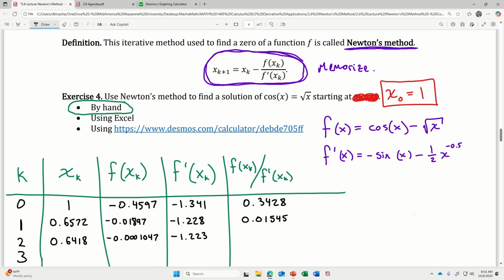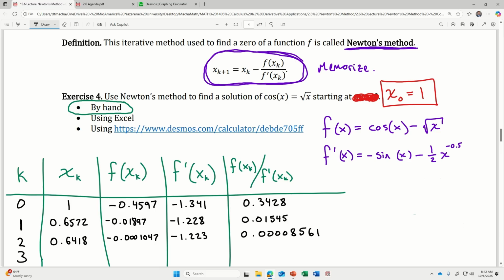And then divide those two numbers, so 0.0001047 divided by 1.223. And I get 0.0008561.